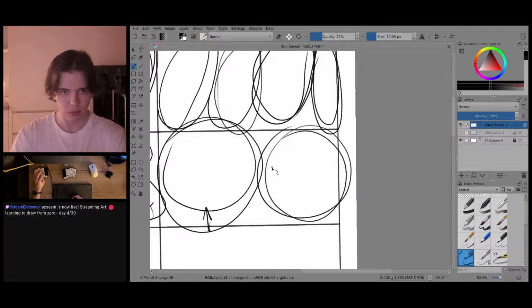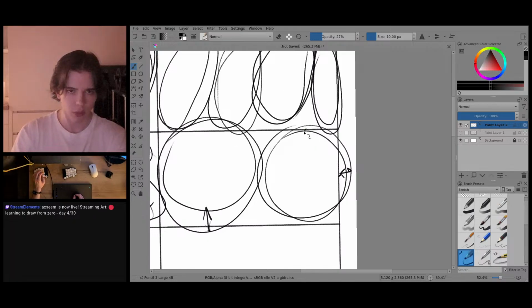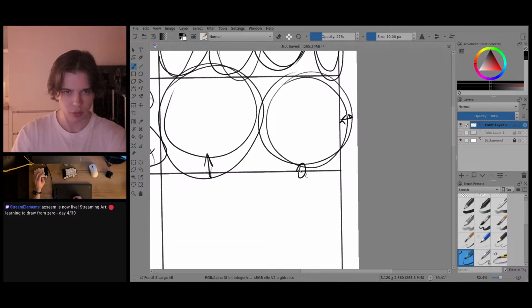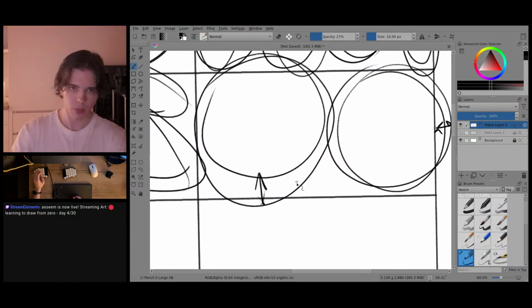Here, I would say pretty okay. Here the overlap is too big. This, what's it called? Touch point? I would call it touch point. Looks pretty good, but here it could be a little bit closer. There are the small circles.